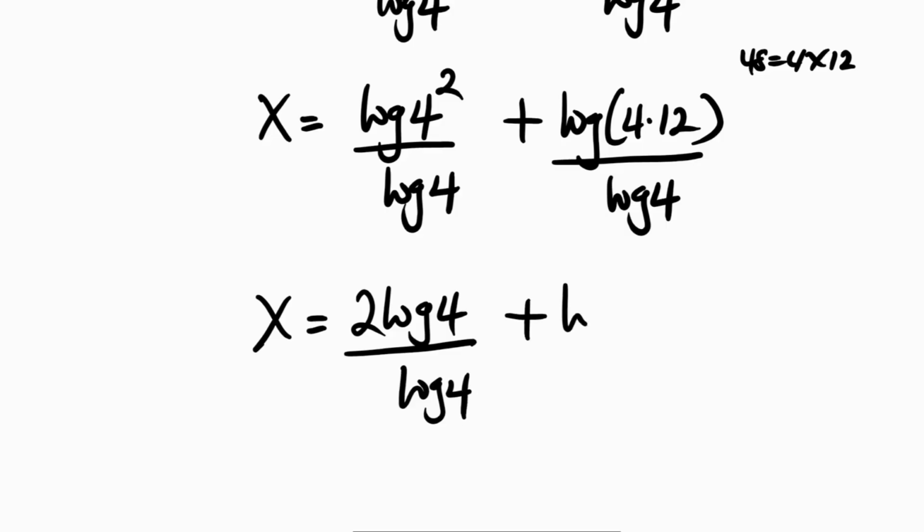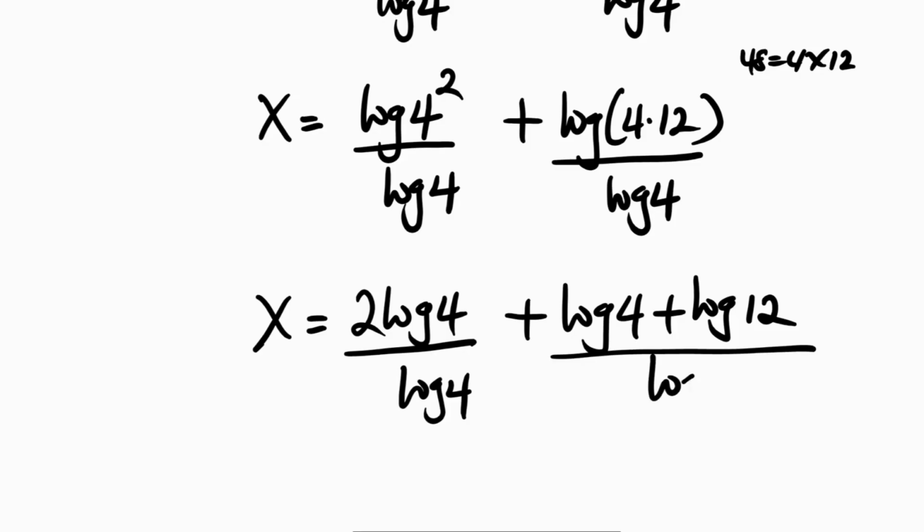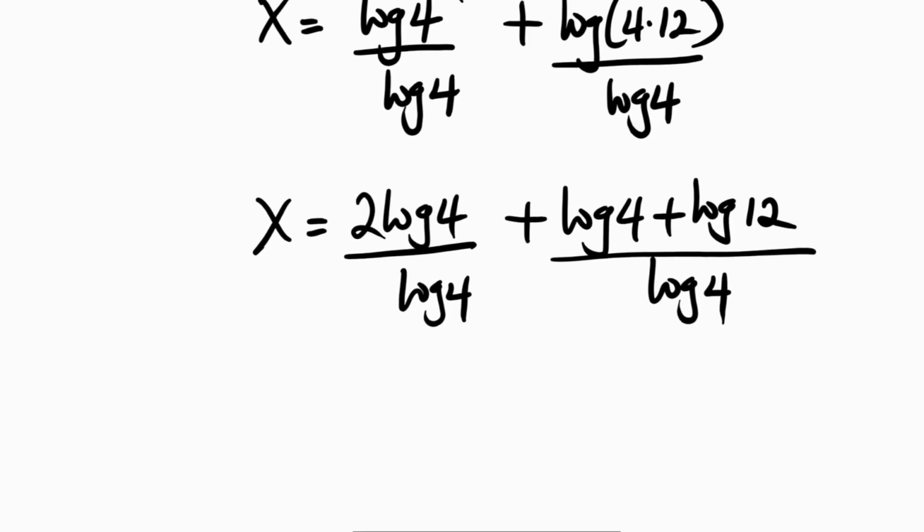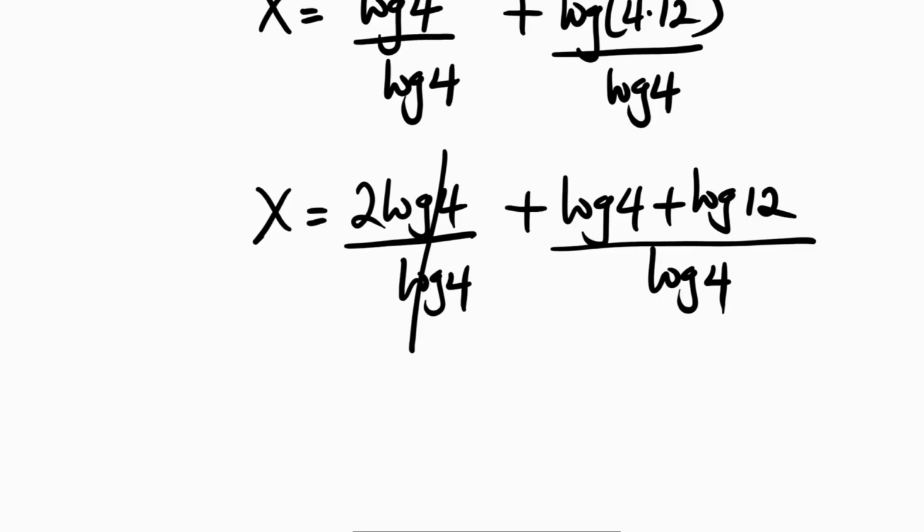Plus log of 4 plus log of 12 divided by log 4. Okay, log 4's cancel out. And then we create the standalones as well for this other side.